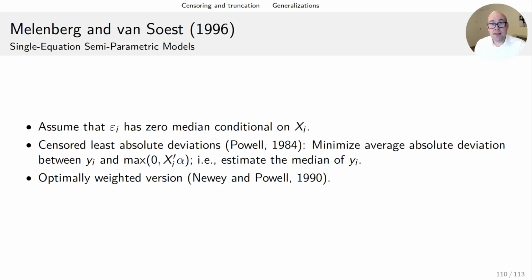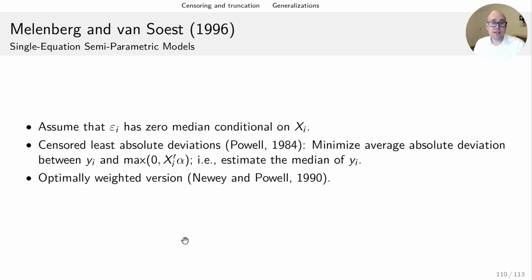So there we had this assumption that epsilon had a median of 0 independent of x, and one can also use such an approach here in the case of censoring, as described by the type 1 Tobit model, but then without making a distributional assumption for epsilon. Just making that one assumption that epsilon has a 0 median conditional on x.